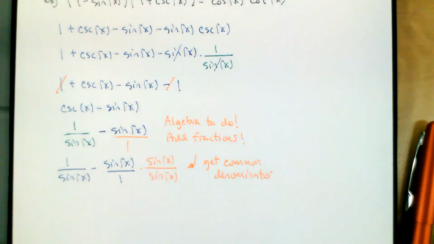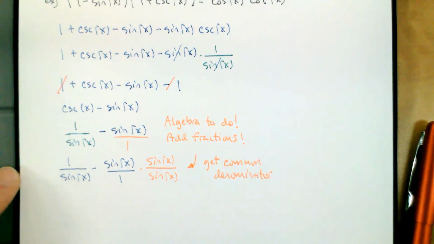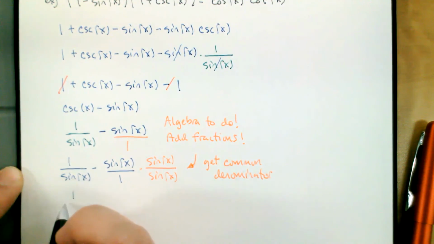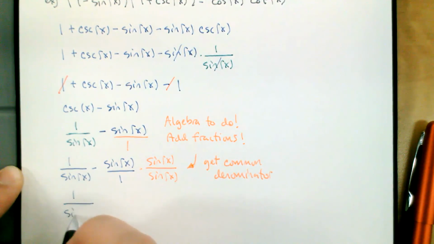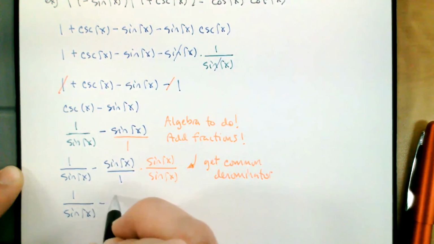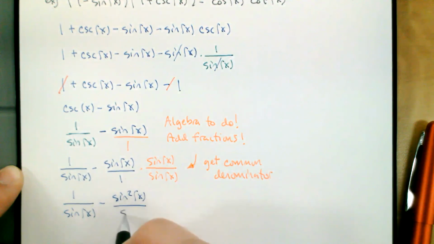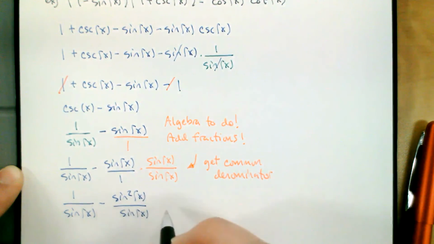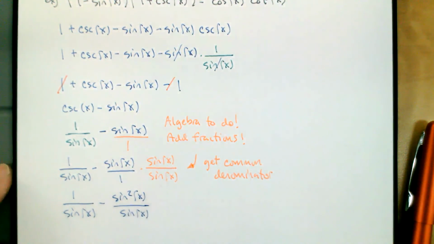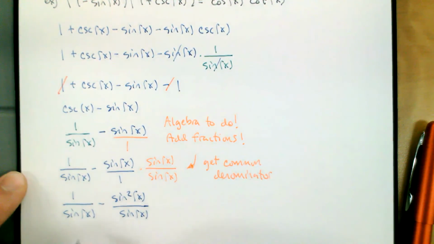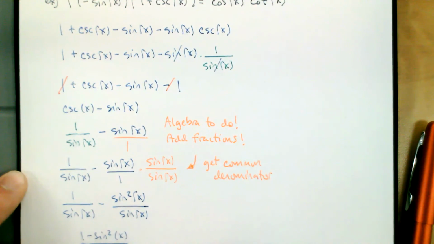Now I've got 1 over sine x minus sine squared over sine x. And now we can do the algebra that we wanted to do and write this as 1 minus sine squared over sine x.